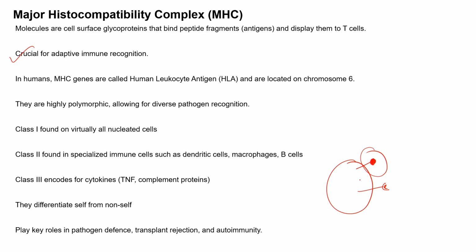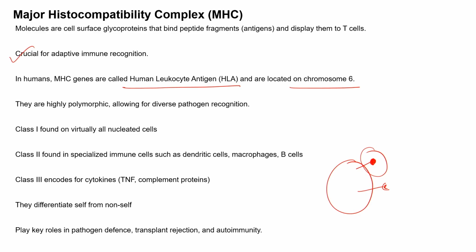In human body, these proteins are produced by expression of certain genes, and these genes are called human leukocyte antigen genes, HLA in short, and therefore MHC genes are also called HLA genes. These are located in humans in chromosome number 6. So, the HLA genes are located in chromosome number 6, which can code for these MHC molecules.